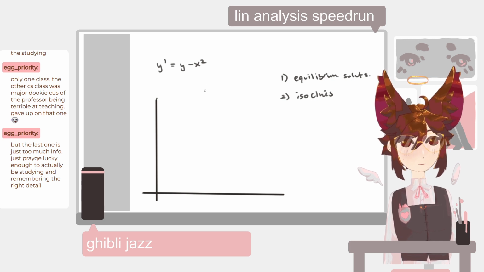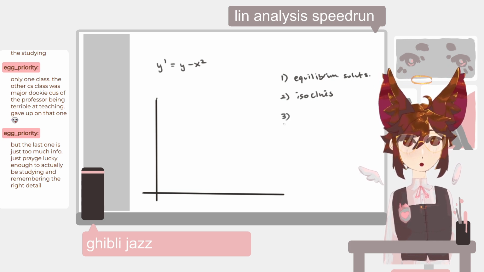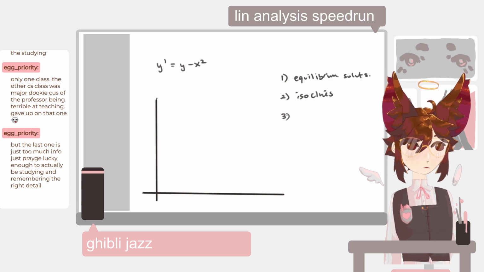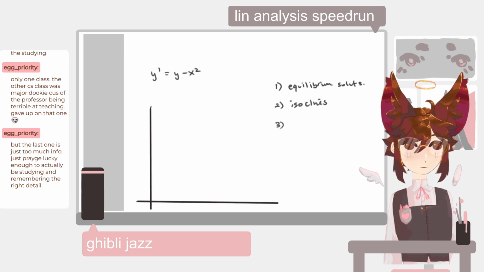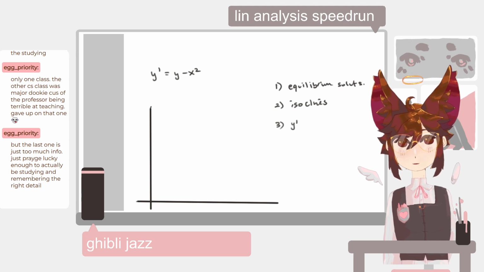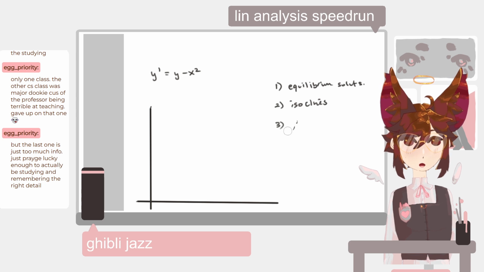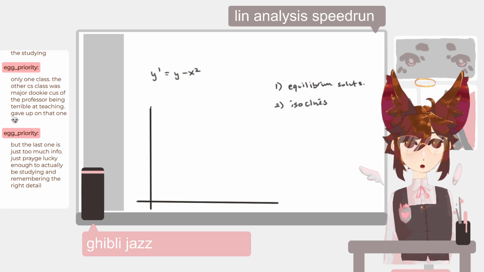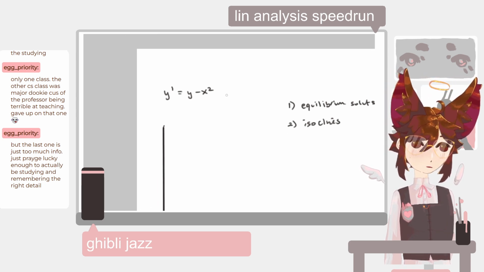One of the questions we can also ask is, are there any restrictions on this function? So what we look at is y prime, our function right here that we're given. Is it continuous, right? So if there was a square root, that wouldn't be continuous.